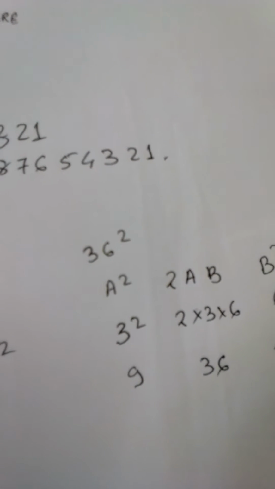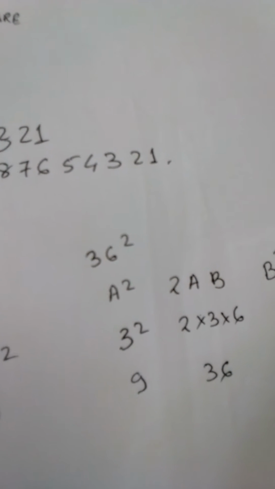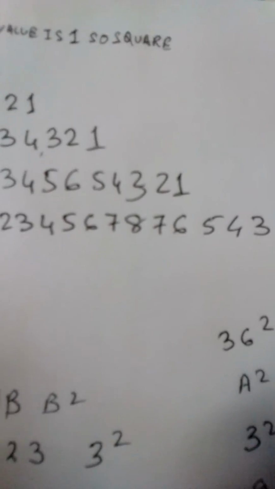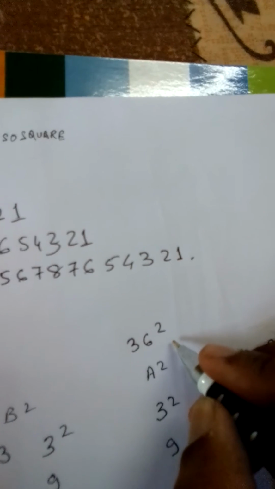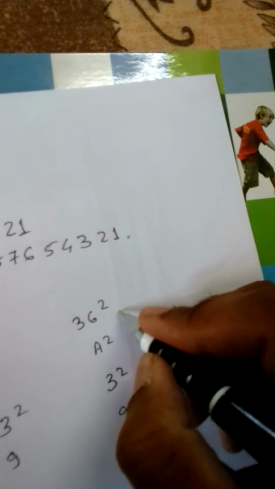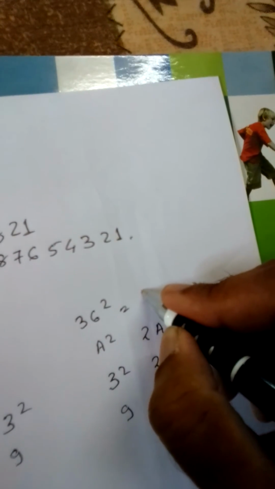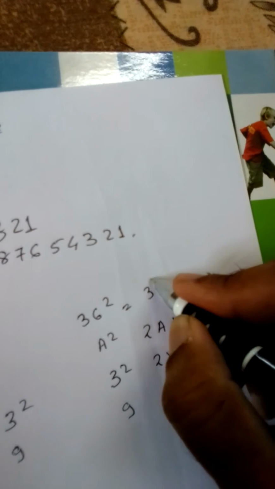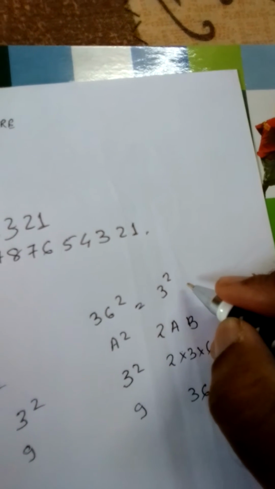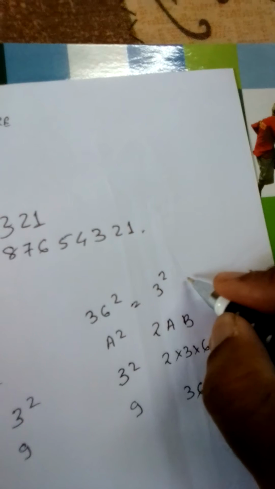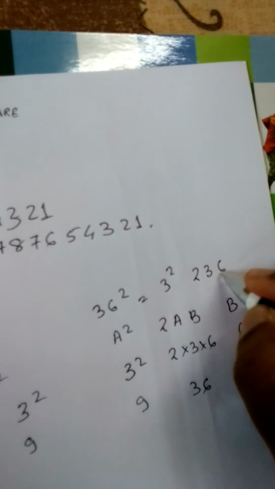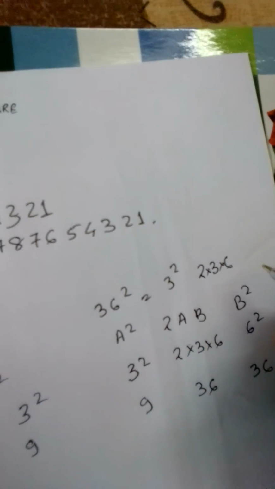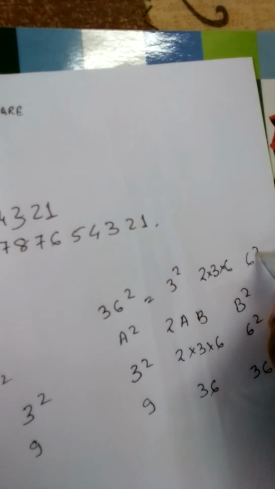Let us take another example of, say, 36. So in 36 we will write 3 square, then 2 into 3 into 6, and 6 square.